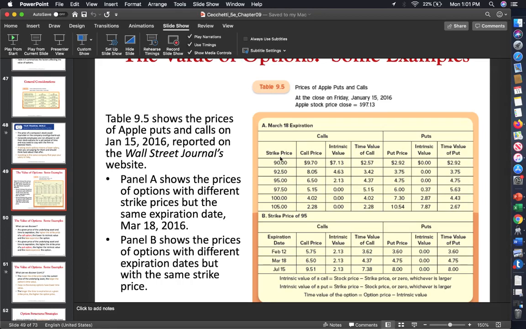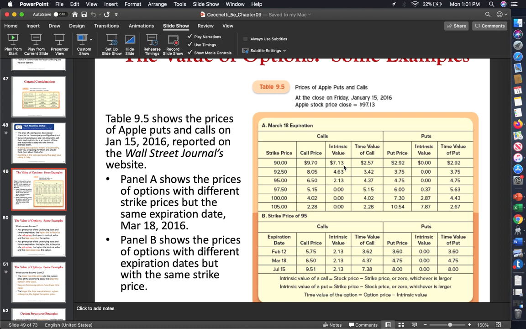Well, where does it come from? If you look at the strike price of the call, this is a deep in the money call option, right? Strike price is 90, the underlying price is $97.13. So if I would execute that option today, it would give me immediately a profit of $7.13. I hope you can see that 97.13 minus 90 is $7.13.